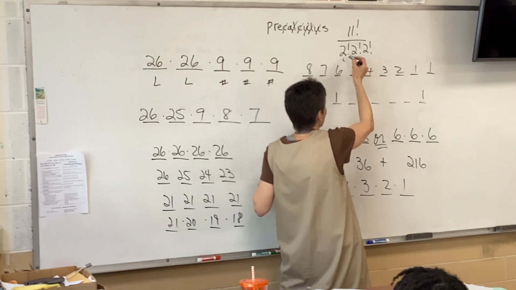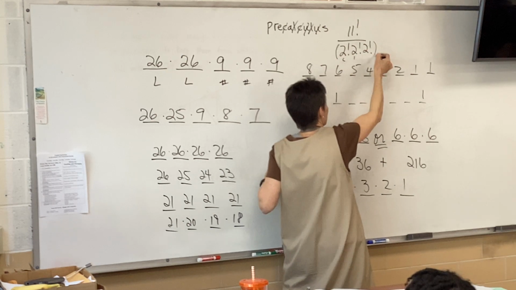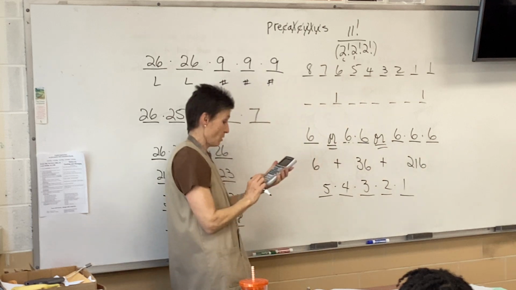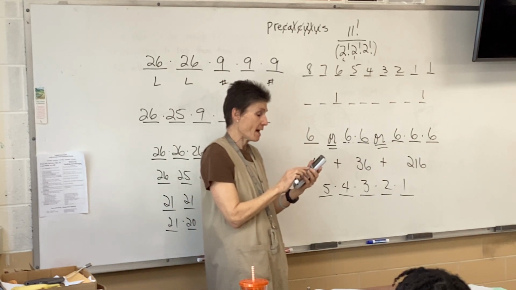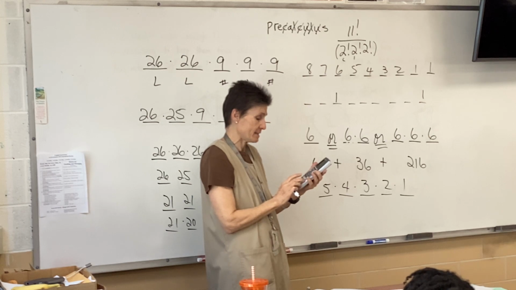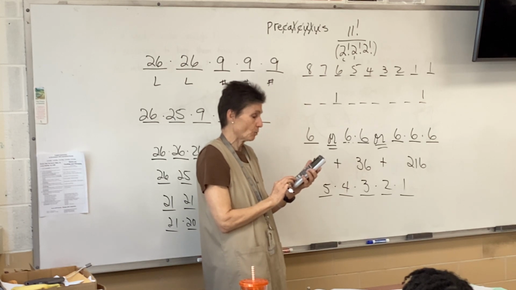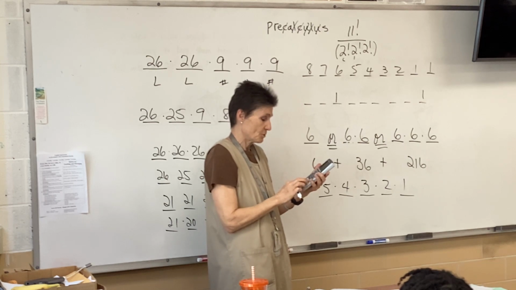Since you want to divide by all of these things, you've got to put that in parentheses. So 11 factorial, using the math probability menu, divided by parentheses 2 factorial, 2 factorial, 2 factorial.